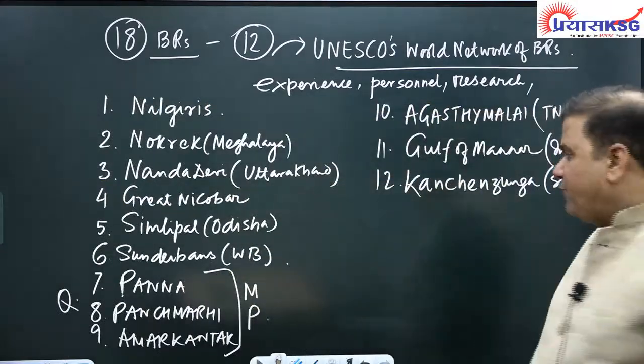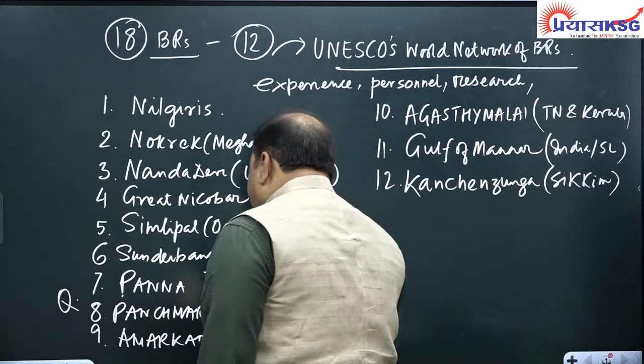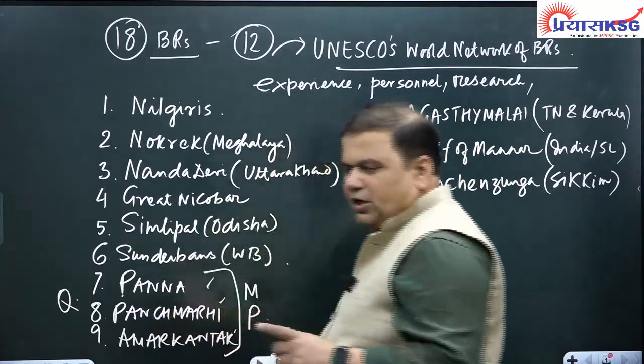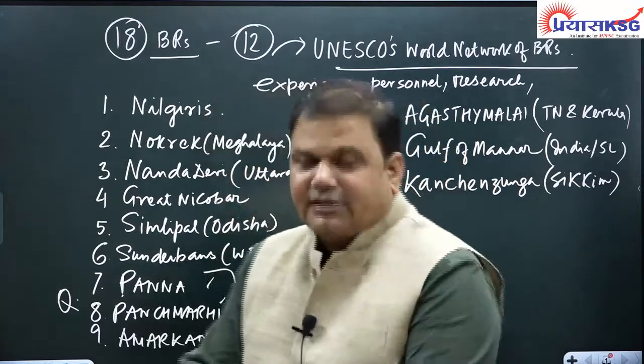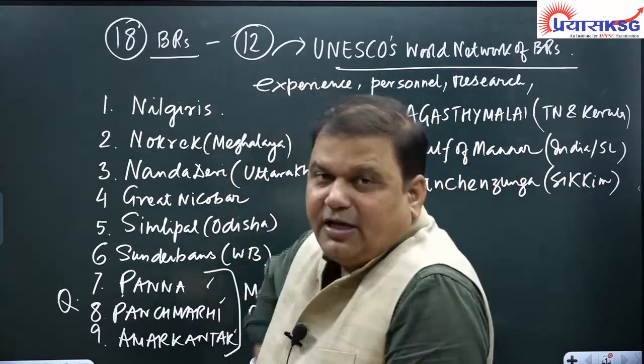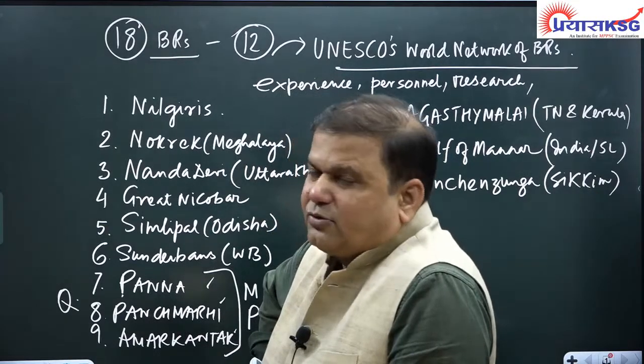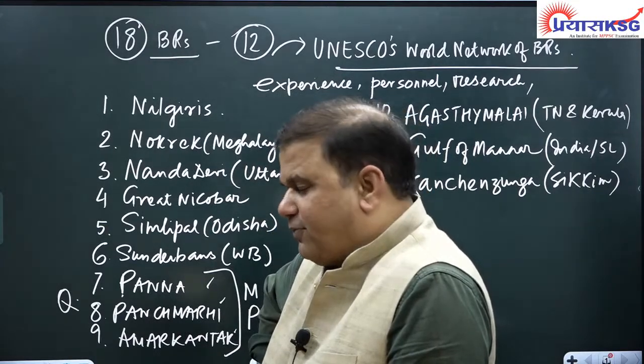So the maximum from one state is Madhya Pradesh: Panna, Pachmarhi and Amarkantak. And remember that Panna Biosphere Reserve is the last biosphere reserve declared, and also the last biosphere reserve from India which has been added into UNESCO's World Network of Biosphere Reserves.